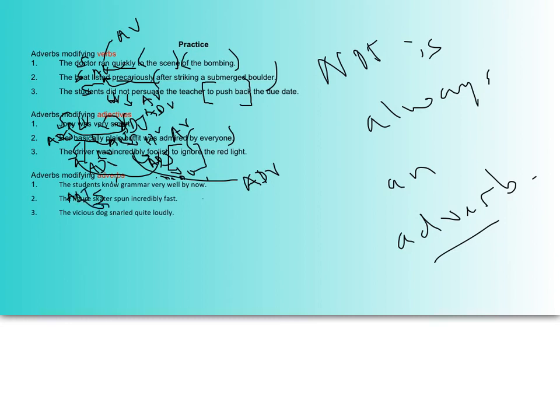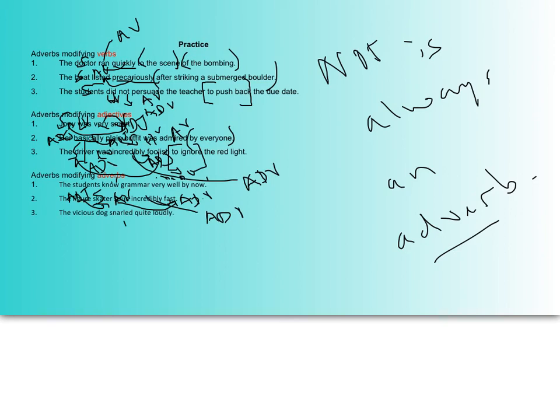So we've got an adjective. What did she or he do? Spun. Here's our action verb. Spun fast. Fast is modifying spun. So we've got an adverb. And then incredibly fast is another adverb. It's saying how fast? Incredibly fast. Another adverb that's modifying an adverb.